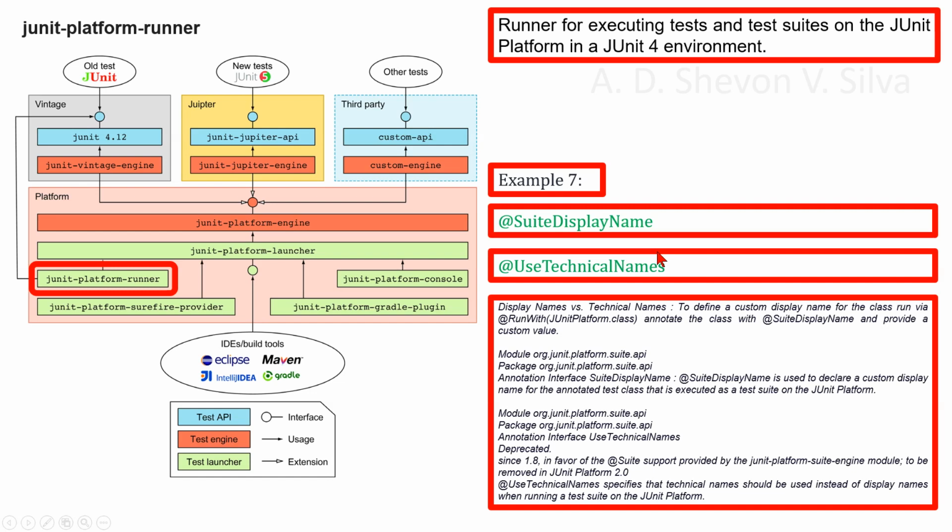To enable technical names for reporting purposes, declare the @UseTechnicalNames annotation alongside @RunWith(JUnitPlatform.class). Note that the presence of @UseTechnicalNames overrides any custom display name configured via @SuiteDisplayName.